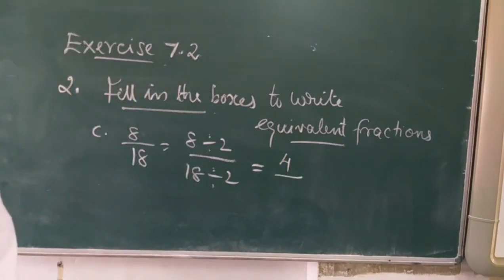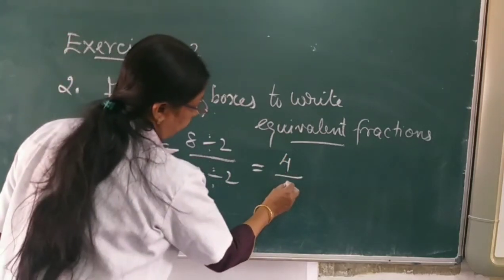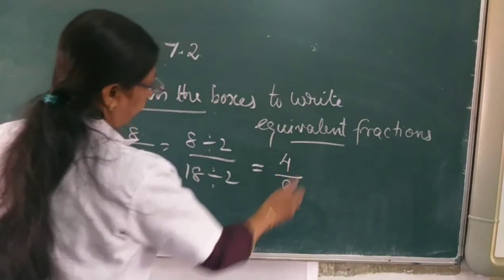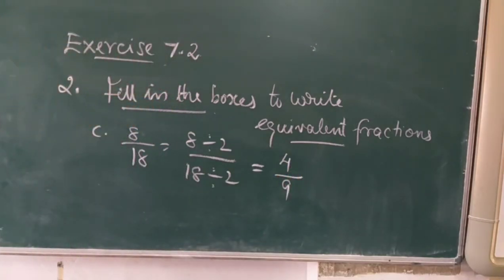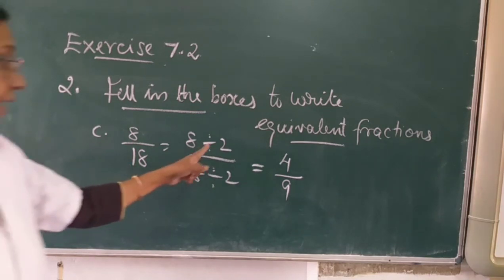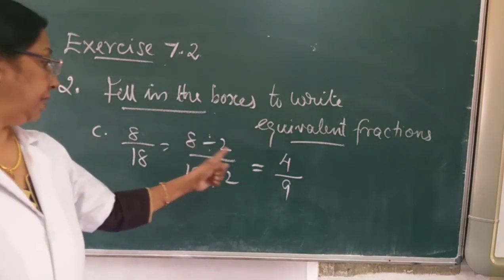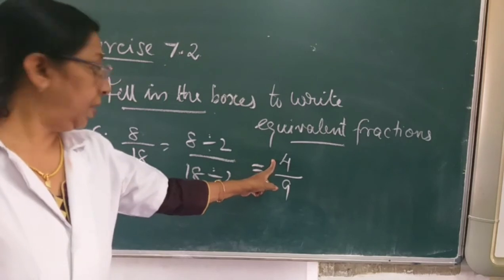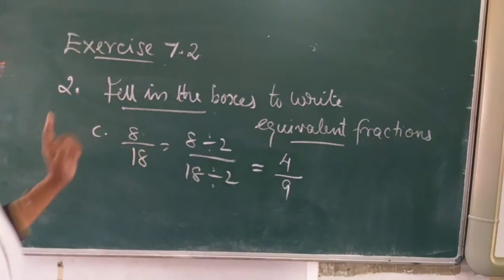Then 18 divided by 2 is 9. 9 2s are 18, isn't it? So 4 by 9 is an equivalent fraction of this 8 by 18. Here we got it by dividing. That is why it is the smaller equivalent fraction of this 8 by 18.